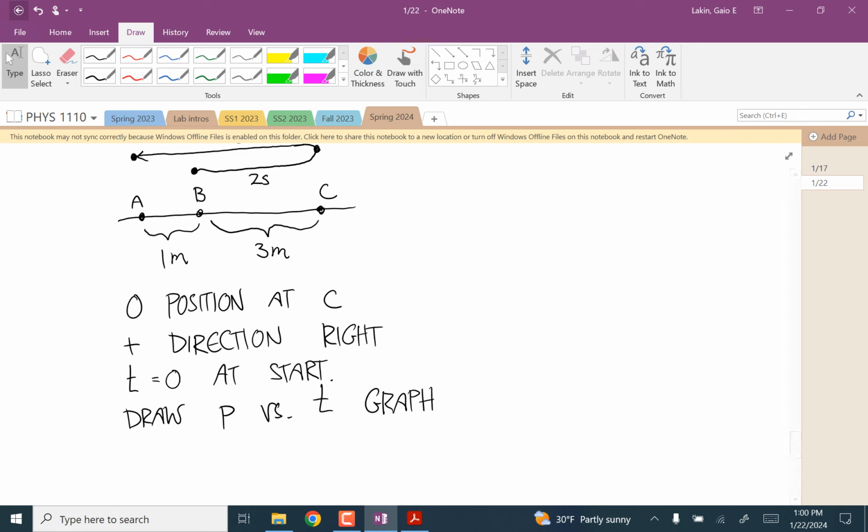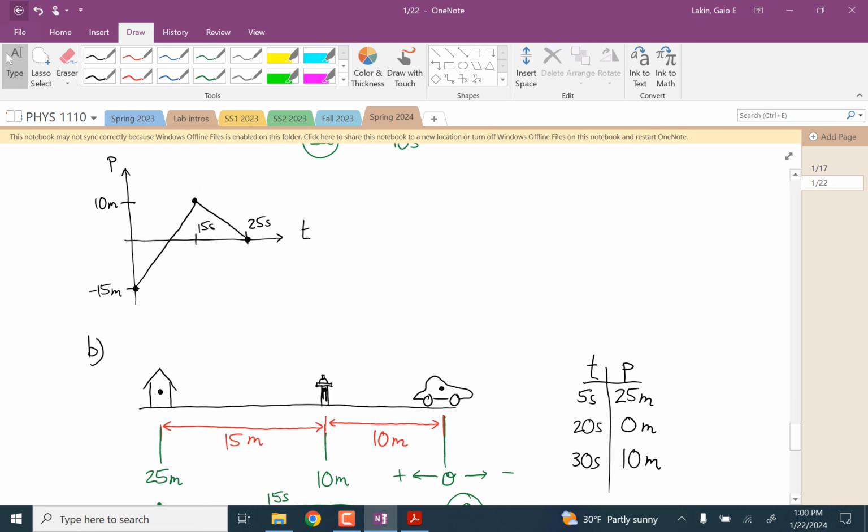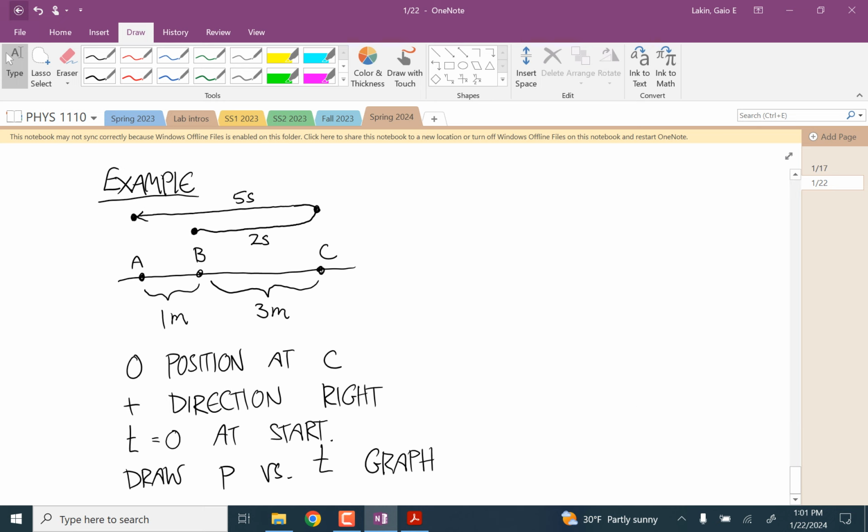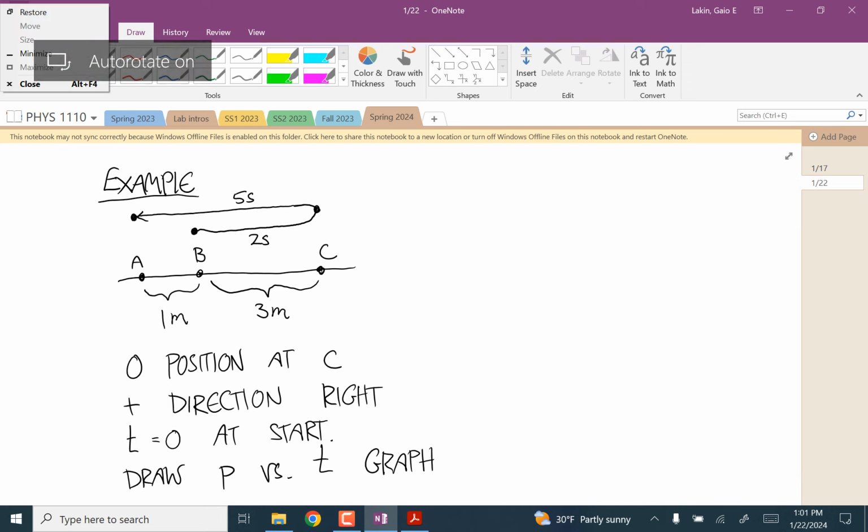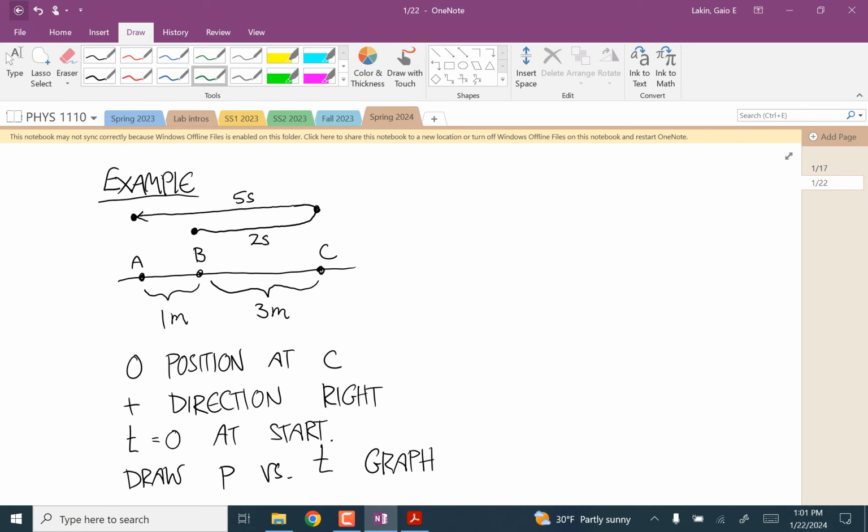So first, let's label the times. What does the stopwatch say at these 3 instants?